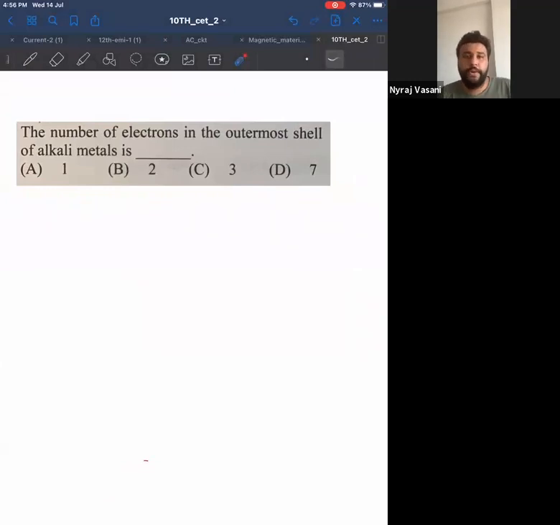Once you're done making a note, let me know. Okay, I'm just showing you the first MCQ again. The answer will be A itself. Okay, Akansha, done. Please let me know.